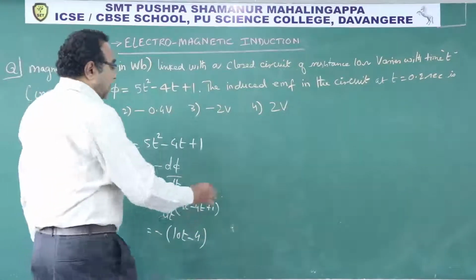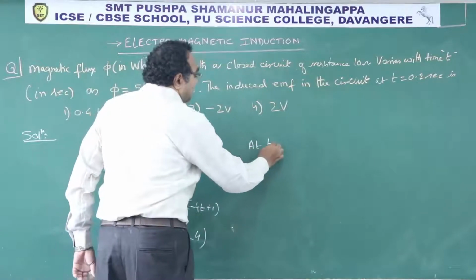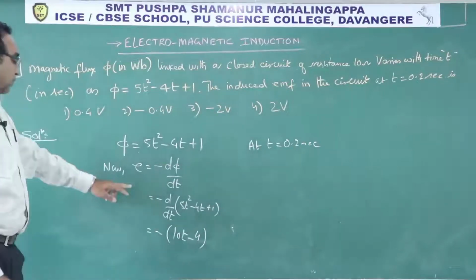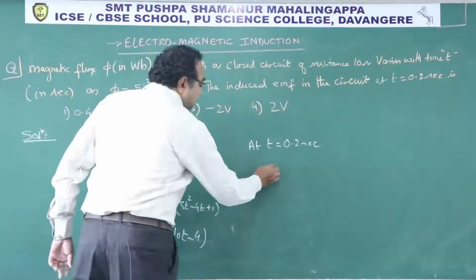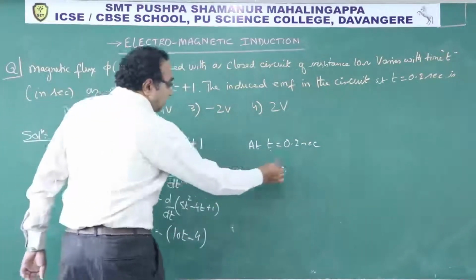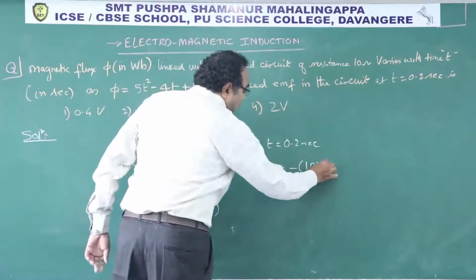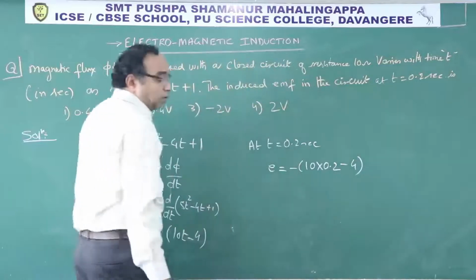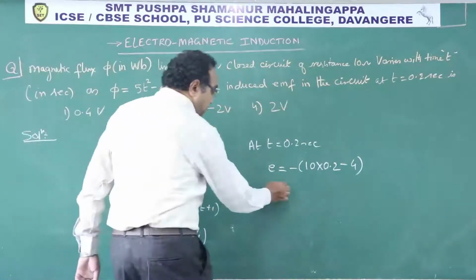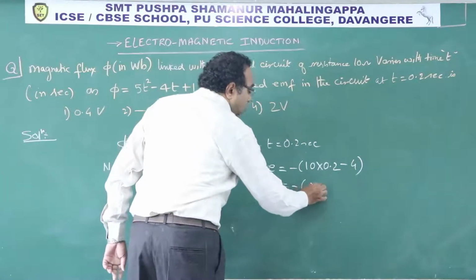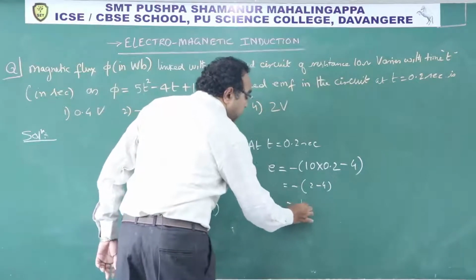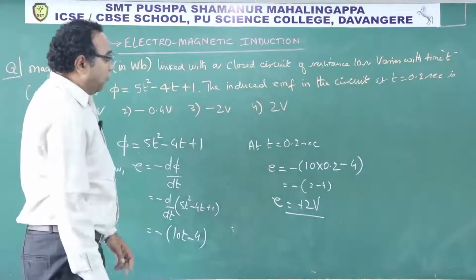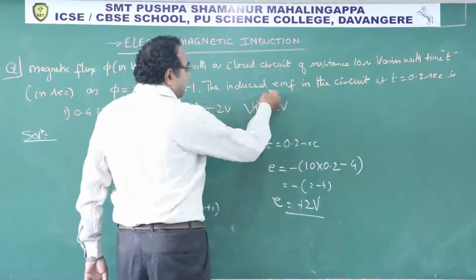Now at t equals 0.2 seconds, E will be minus of 10 into 0.2 minus 4. So this will give us minus 2 minus 4. So our answer here is plus 2.